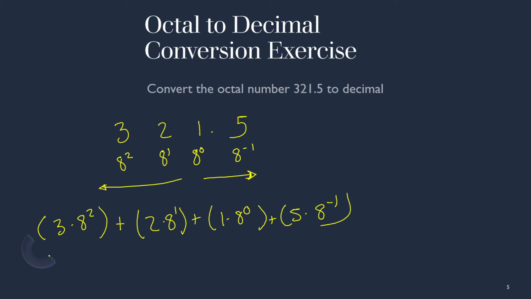So what we're looking at is 192 plus 16 plus 1 plus 5 over 8.